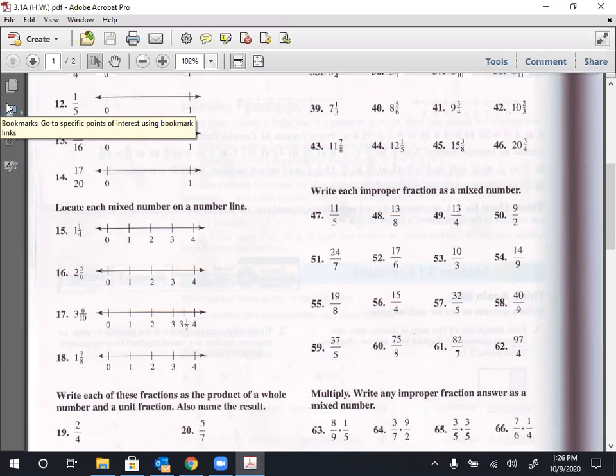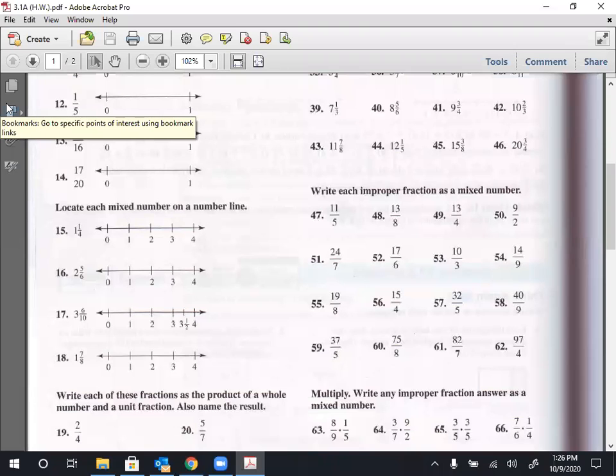How many candies are left for you? 3. So your fraction is 3 over 7. So it's 3 and 3 over 7. That's what you're going to do till you get to number 62. That's how you do all those problems all the way to 62.